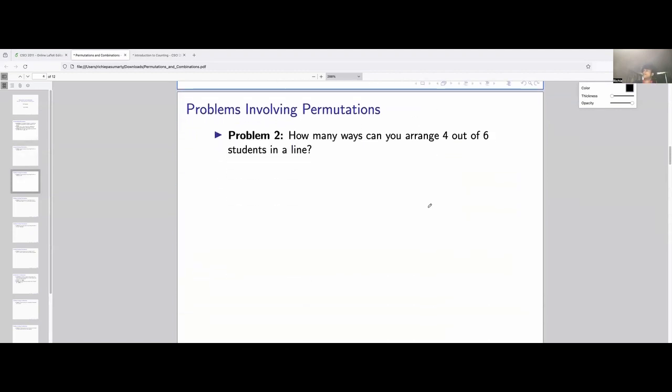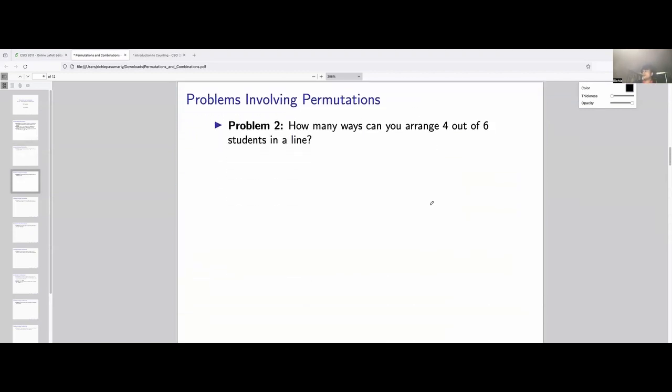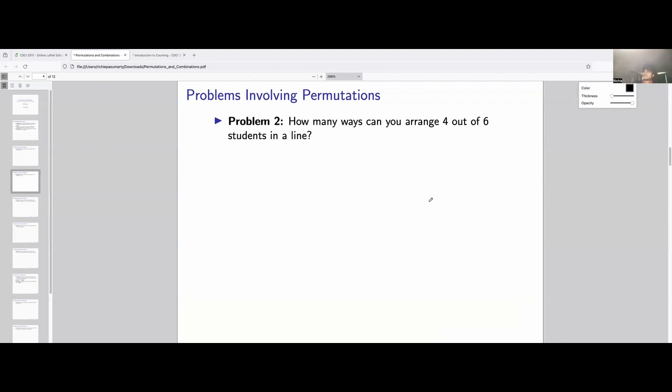Next problem. How many ways can we arrange 4 out of 6 students in a line? There are 6 different ways to pick the first student, and then 5. Now we've picked 2, so there are 4 left. And now we pick 3, so there are 3. So 6 times 5 times 4 times 3.